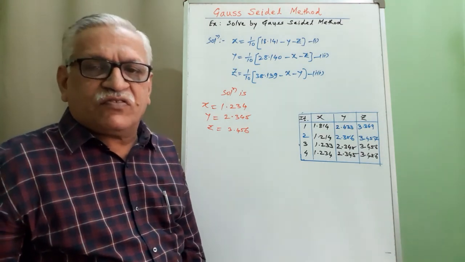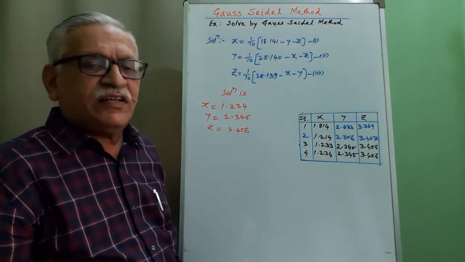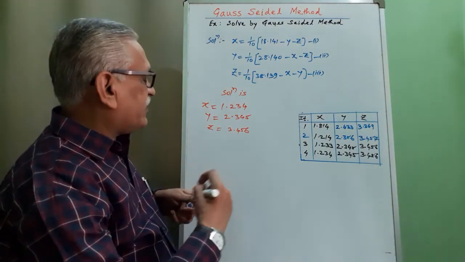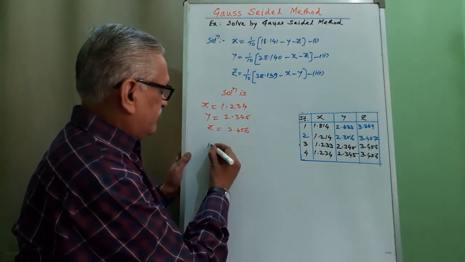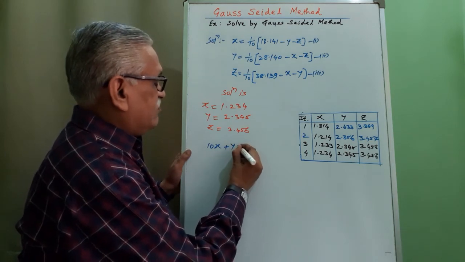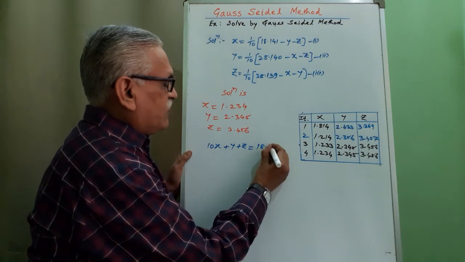Then we can cross check whether the values are correct or not by substituting the values in the equations. Therefore, the first equation is 10x plus y plus z is equal to 18.141.